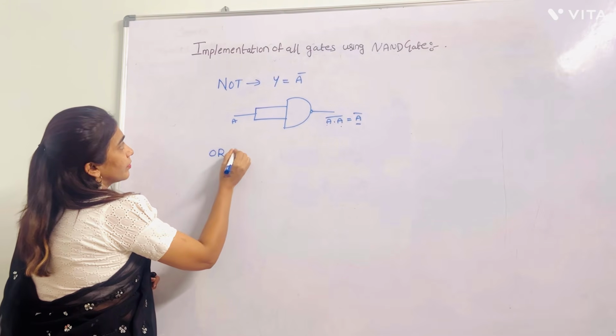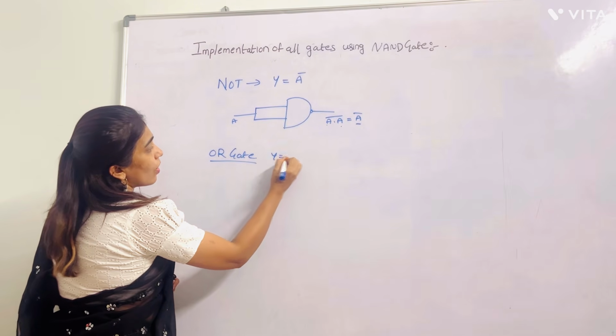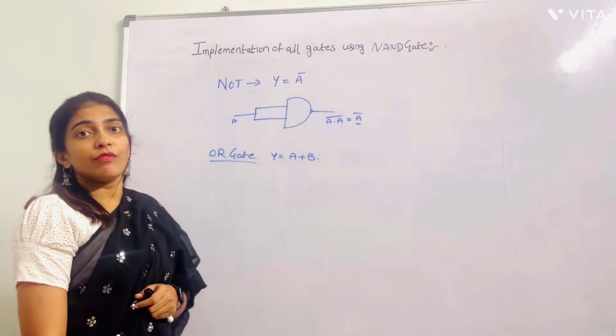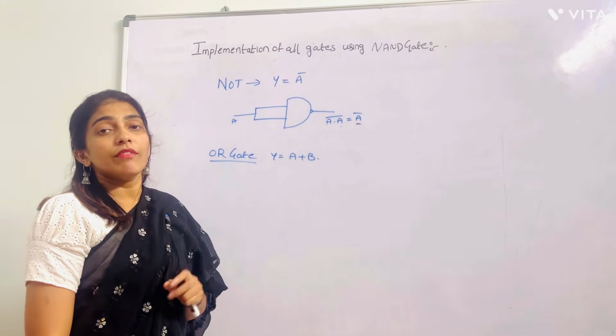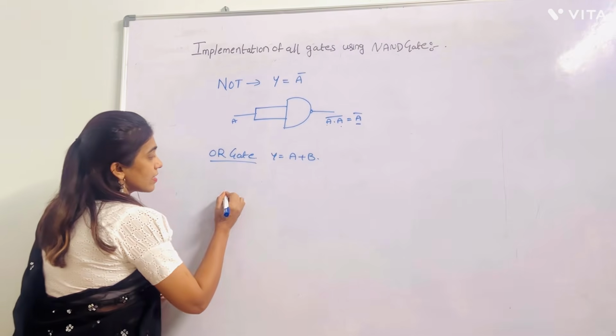Next, OR gate. The logic function of OR gate is y equals a plus b. For designing of OR gate, we use 3 NAND gates. So how to take those NAND gates?